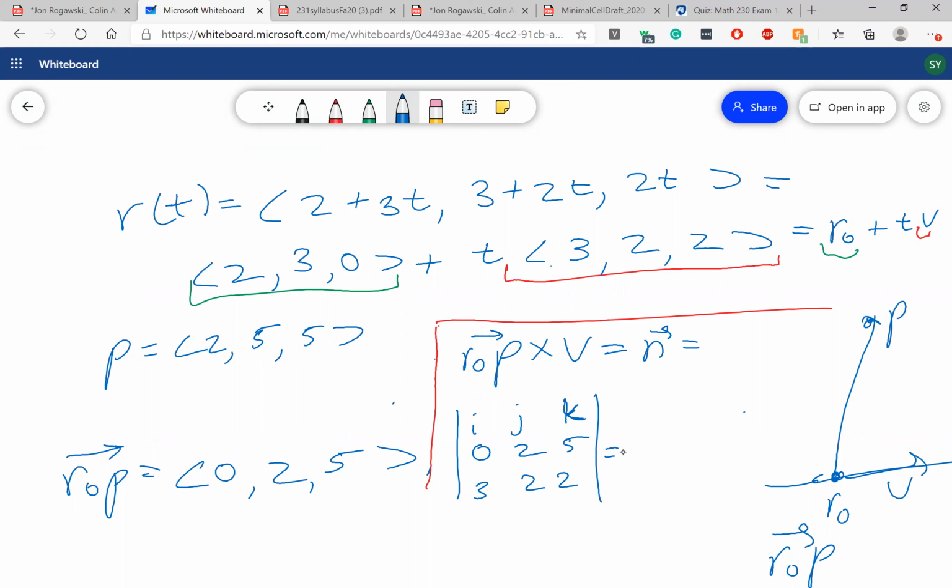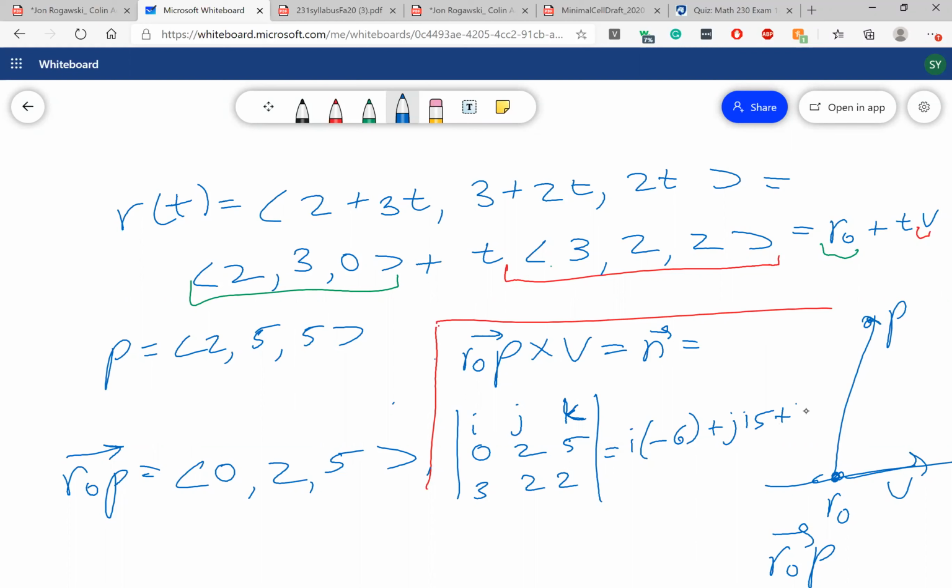So this is going to be equal to i times 4 minus 10, so that's negative 6. Minus j, that's 0, so minus 15, so plus 15.